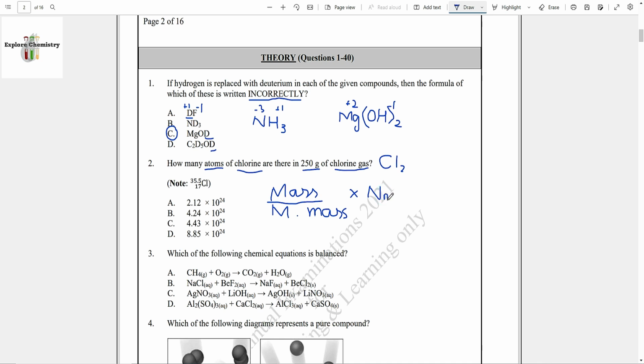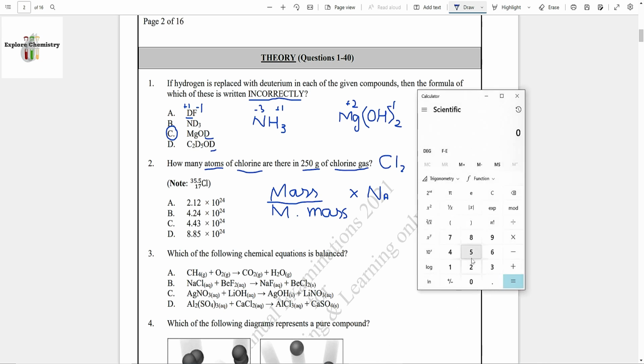But here what you will be able to calculate is the number of molecules of chlorine gas, not the number of atoms. Let's see what the answer will be. Mass is 250, molar mass of chlorine gas is 71, multiplied by 6.02 exponent 23. I am not writing exponent 23, whatever the answer is, we will write exponent 23 with it.